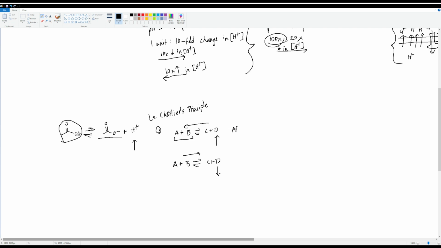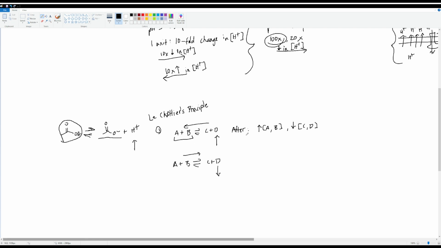So after, we'll have a greater concentration of A and B, and we'll have a decreased concentration of C and D, because we've now favored the formation of A and B.